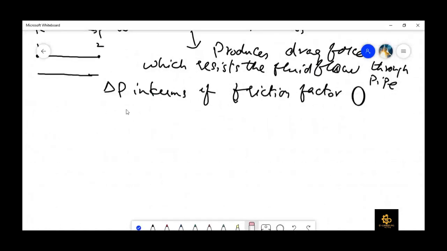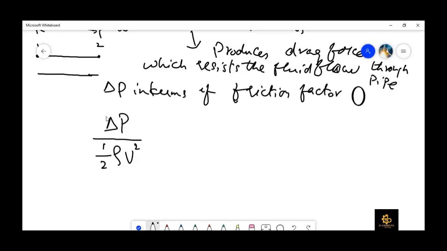So for the determination of delta P in terms of friction factor, we non-dimensionalize delta P by dividing it with half rho V squared.